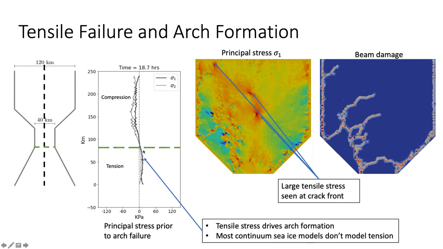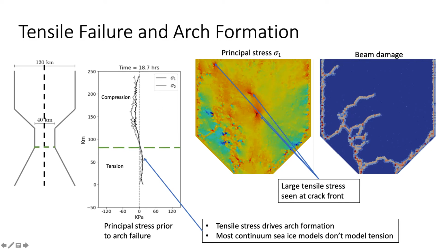And why this is interesting, I think, is because you can see right before the failure happens, and right before arch development happens, that we get large tensile or hydrostatic tensile stresses after the exit of the constriction. And we know that obviously ice is weaker in tension, and we start to get failure at this point.